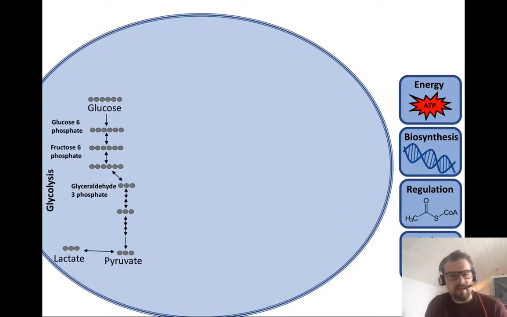And another thing that metabolism is important for is reactive oxygen species, redox signaling, redox balance, maintaining redox control. Obviously, reactive oxygen species are important as signaling molecules, but they can also cause damage, particularly to the mitochondria.